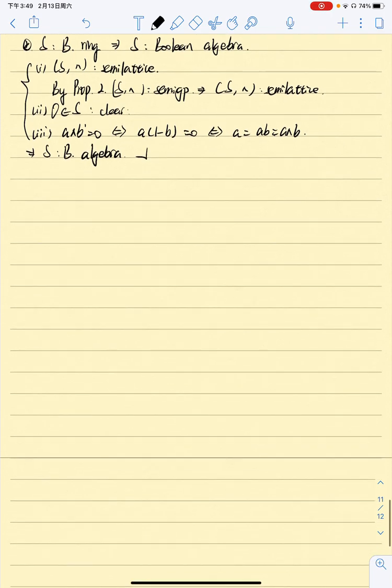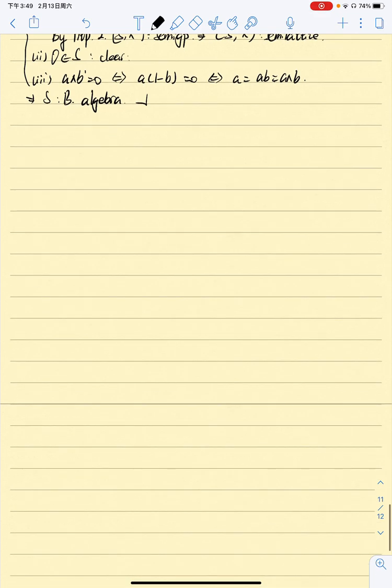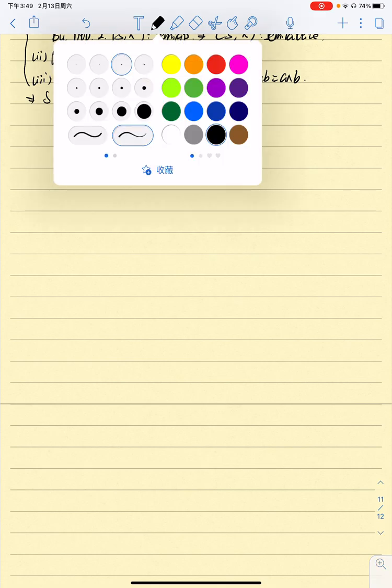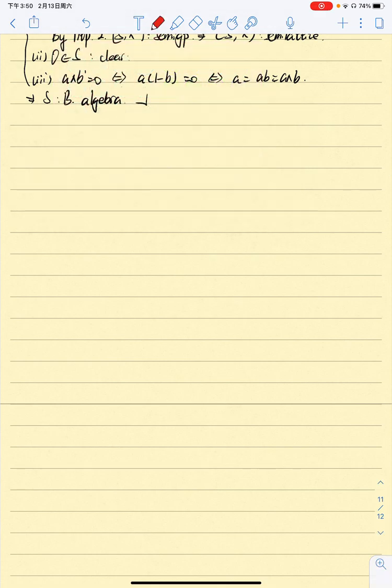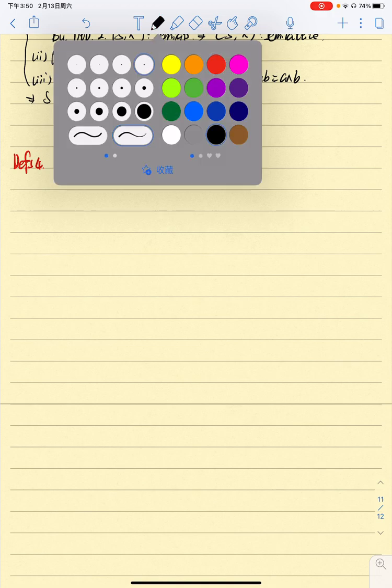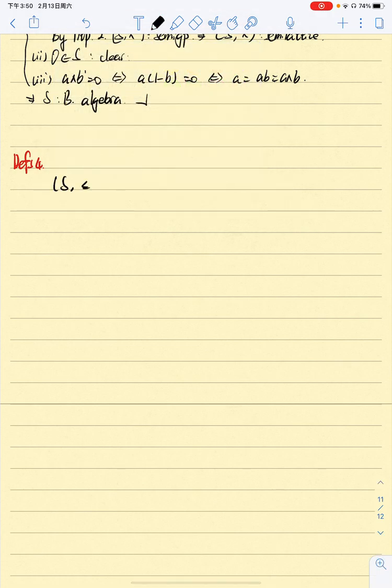Okay, so let's see the following definitions. Also here, S under this relation is an ordered set. And here T is a subset.